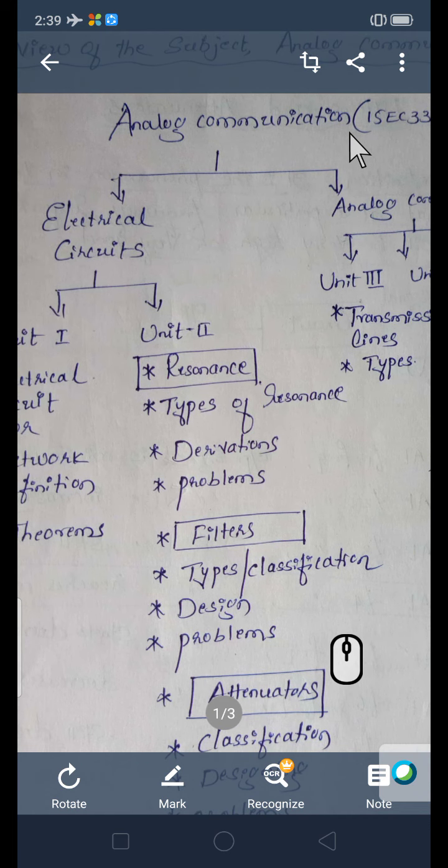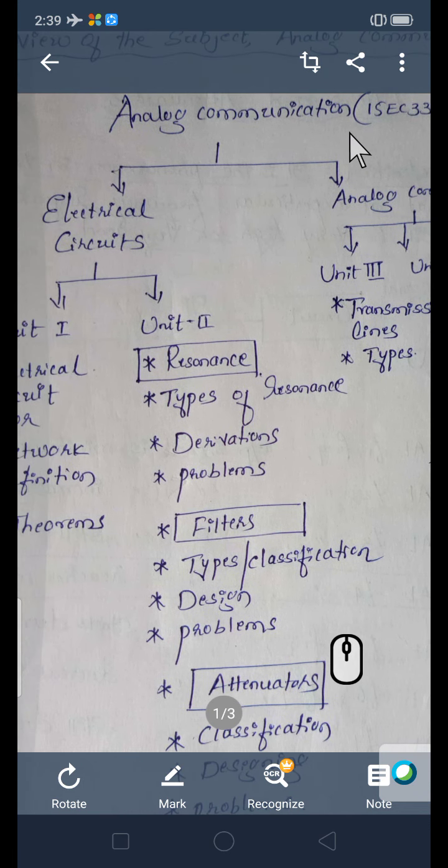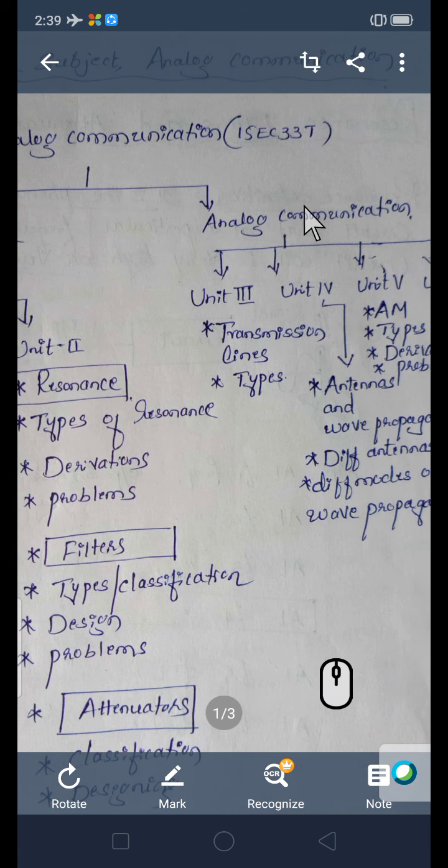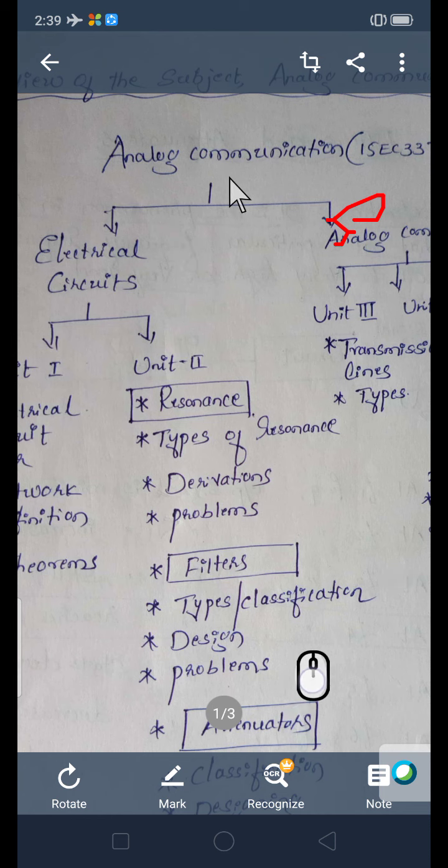This analog communication actually has two parts in it. One is the electrical circuits. You will be knowing about the electrical circuits. Next comes the analog communication part. Though the name of your subject is analog communication, in this you will first be studying the electrical circuits.